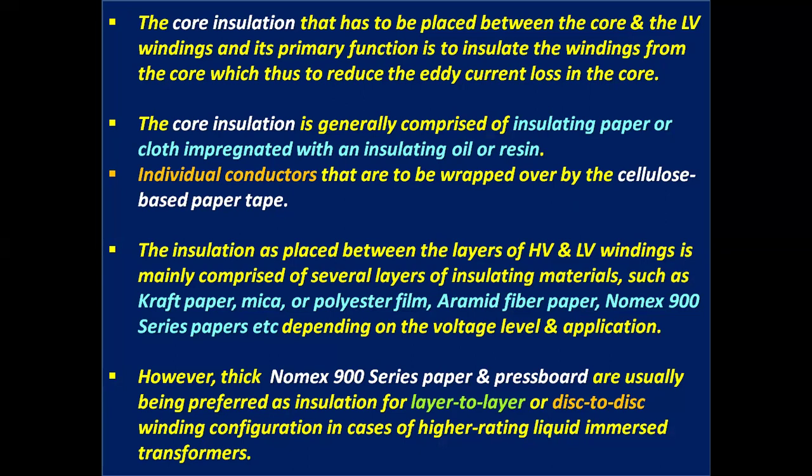The insulation placed between the layers of HV and LV windings mainly comprises several layers of insulating materials such as kraft paper, mica or polyester film, aramid fiber paper, Nomex 900 series papers, etc., depending on the voltage level and application.